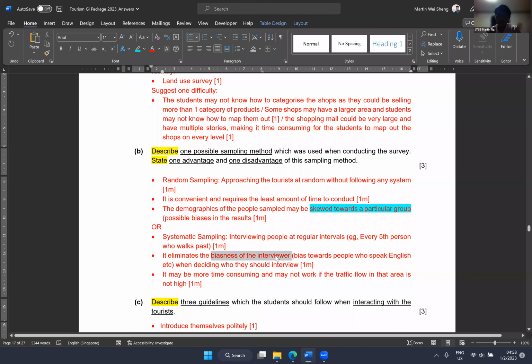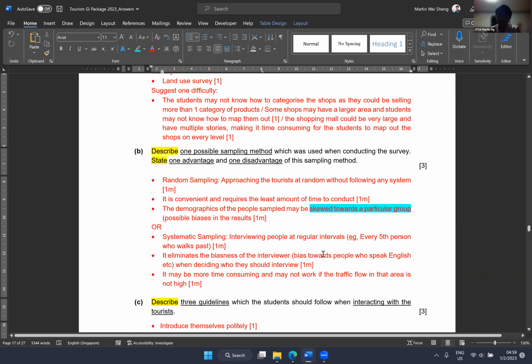Previously I mentioned being skewed towards a particular group, and systematic sampling actually eliminates that. Because every fifth person that walks past, regardless of whether he is from Asia or from Africa, the students would have to interview that person. The student has no choice but to interview, so it eliminates the bias.